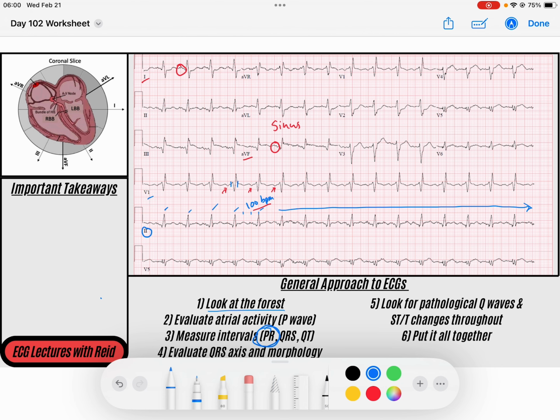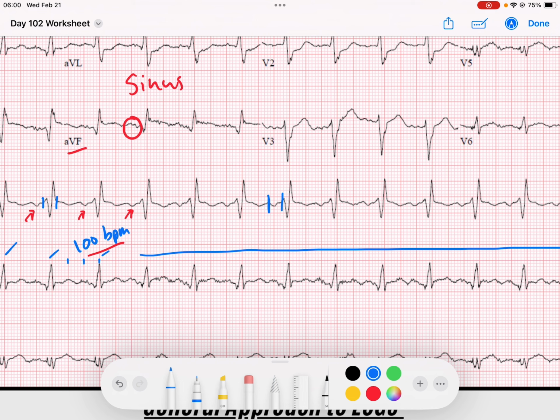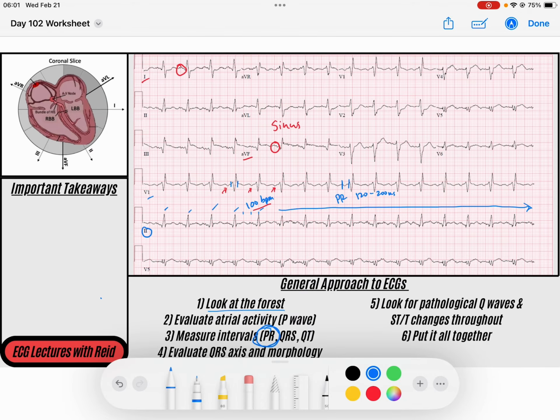Taking the start of the P wave to the start of the QRS complex, I notice that my PR interval is between 120 to 200 milliseconds, or 3 to 5 small boxes. And it stays that way the entire time, so my PR interval is within normal limits, and every P conducts to a QRS. That tells me my AV node is behaving.